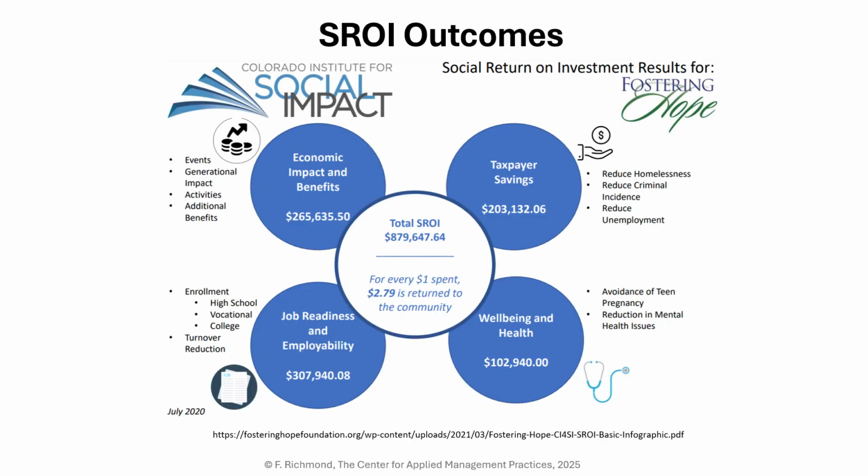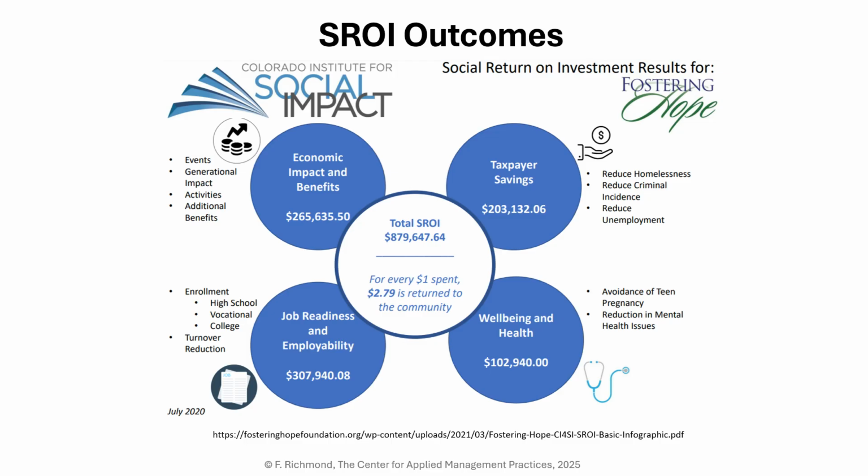Right, here's another one. Colorado Institute for Social Impact. If you take a look here, what I like about this one, they have terms like fostering hope, which is qualitative. And if we're looking at taxpayer savings, they give you the dollars and they tell you where they save the money. Reduced homelessness, reduced criminal incidents, reduced unemployment, well-being, reduced teen pregnancy, et cetera.